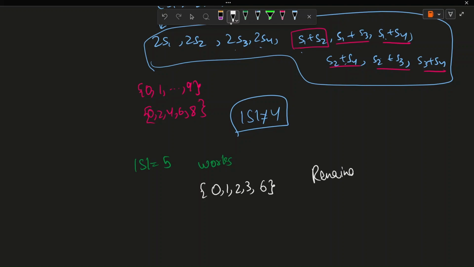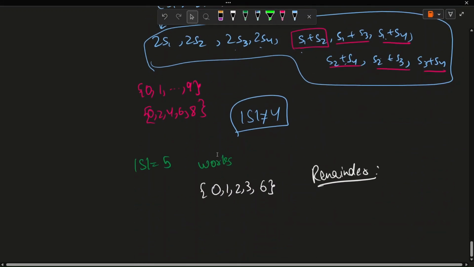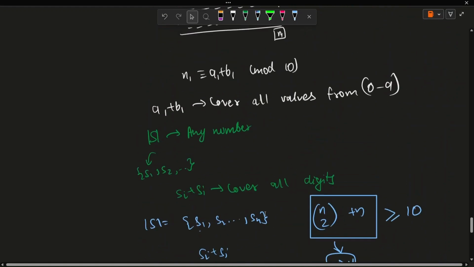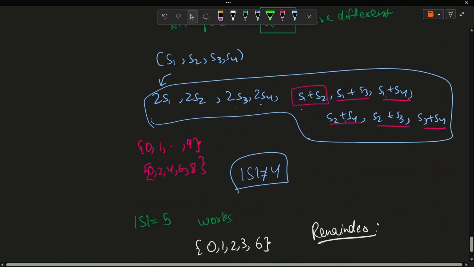First of all, we must check that all 10 remainders are covered, because that is a necessity of the set. Otherwise, this statement would be violated as I showed here.